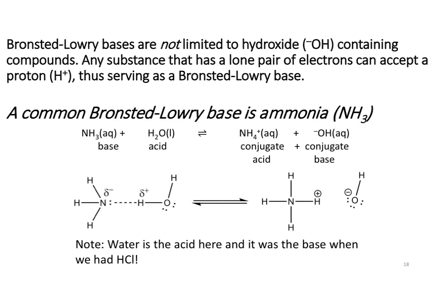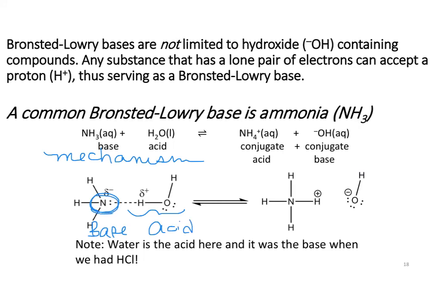All right, this is showing a mechanism again, and we'll be doing a lot of those this semester. Okay, so again, you want to start out by showing the attraction between the base, the electron acceptor, and water, which is the acid in this case.